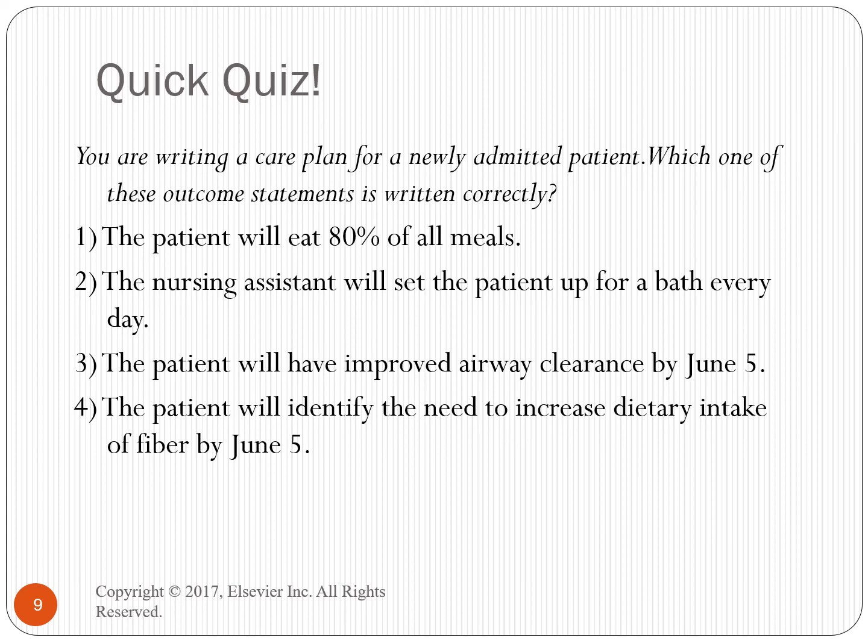The first one gives us an 80%, that's good, but it doesn't tell us when, by what time. And then the nursing assistant will set the patient up for a bath every day. That's too vague. The patient will have improved. What does improved mean? We need that to be a number, or some kind of measurable quality. Okay.